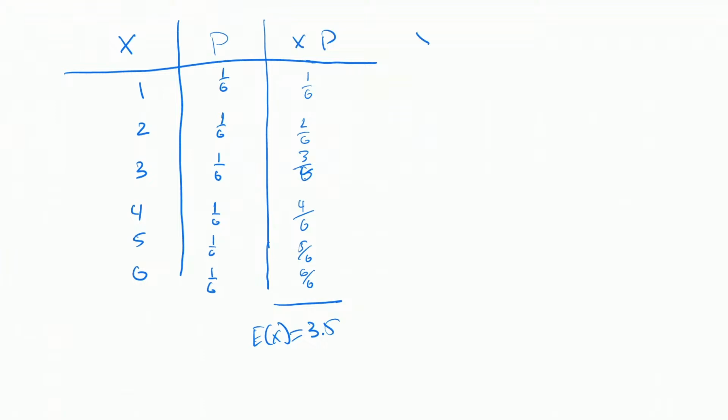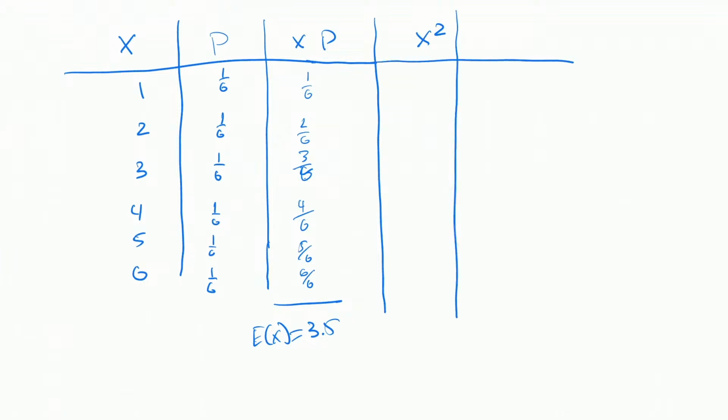Now we're going to do x squared. There's no subtracting, just x squared, and then x squared times p. So x squared is 1, 4, 9, 16, 25, 36. So x squared times p is 1/6, 4/6, 9/6, 16/6, 25/6, 36/6.